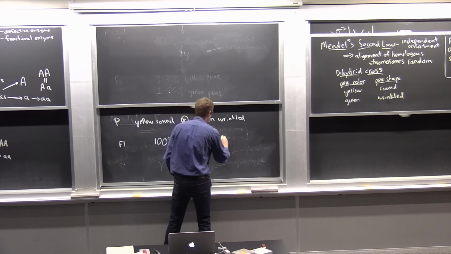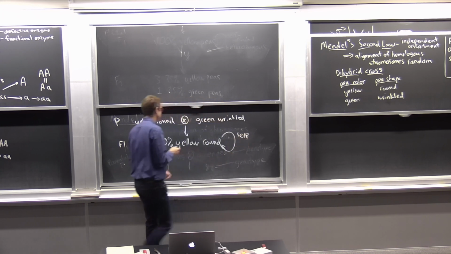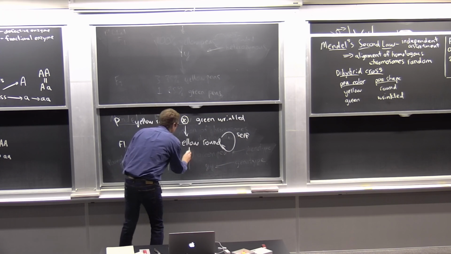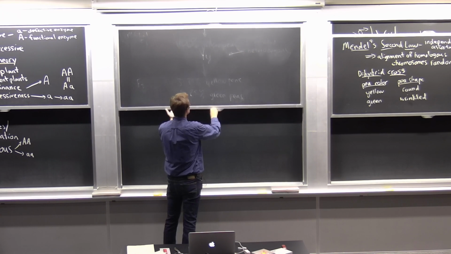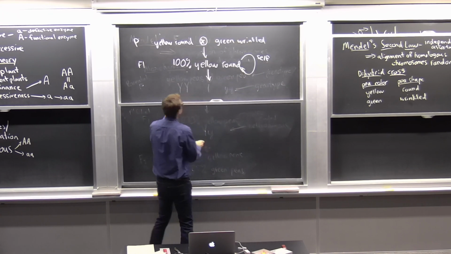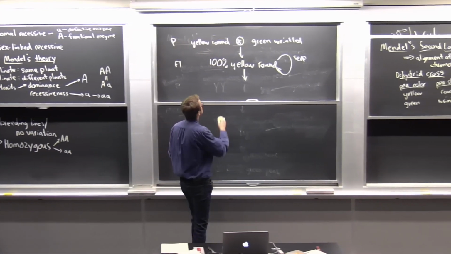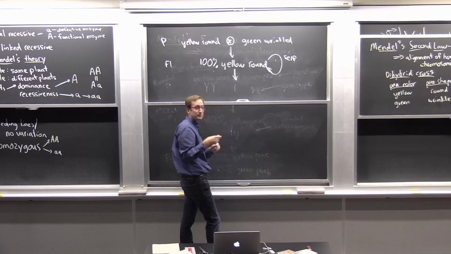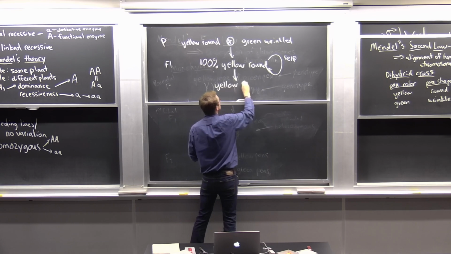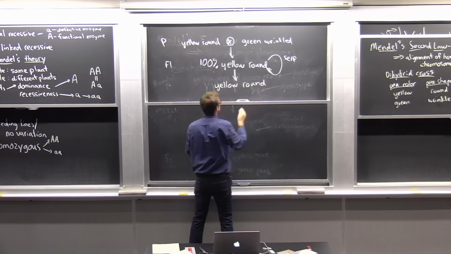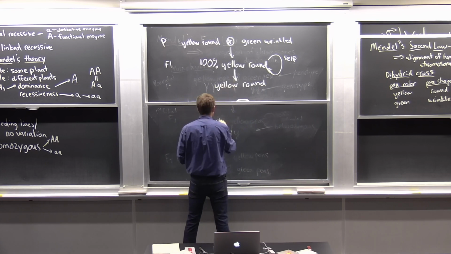Okay, and then similar to the monohybrid cross, Mendel self-crossed these F1 plants, and by self-crossing them, he observed a number of different classes of progeny. So he got back the parental types, yellow round, he also got back this other parental type, green wrinkled.